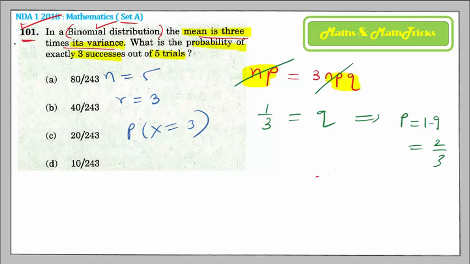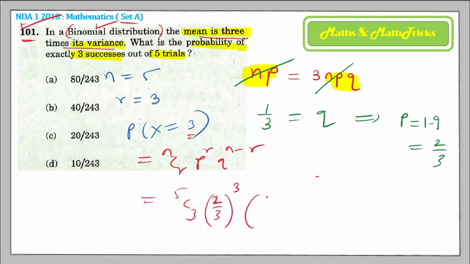Let us quickly calculate P at x equals 3 by formula nCr P power r Q power n minus r. Here r value is 3, and n value is 5, so 5C3 into P, which is 2 by 3, to the power 3, into 1 by 3, which is the value of Q, to the power 5 minus 3, which will be 2.